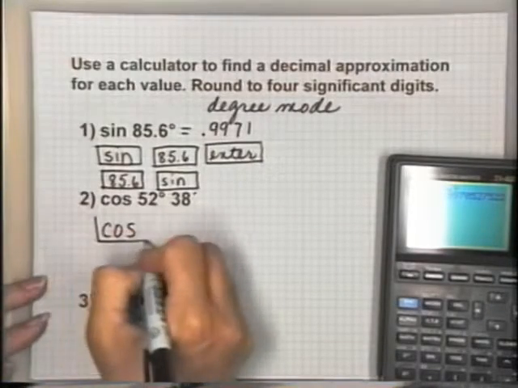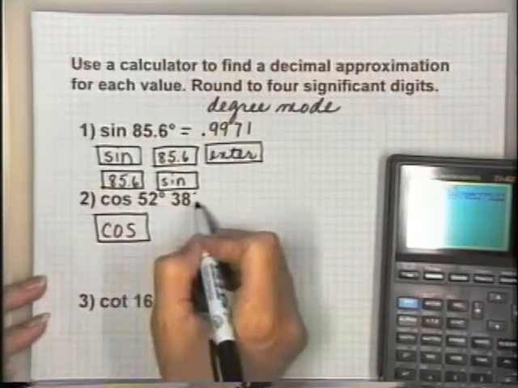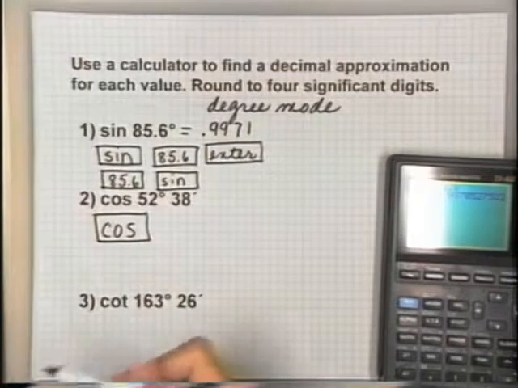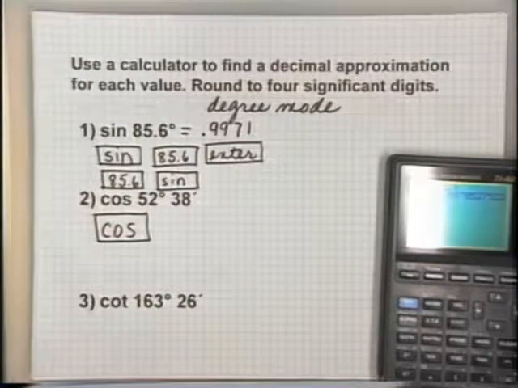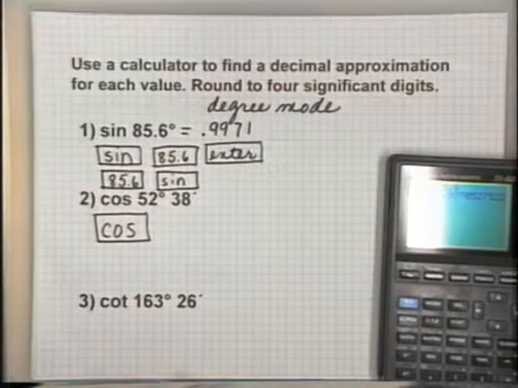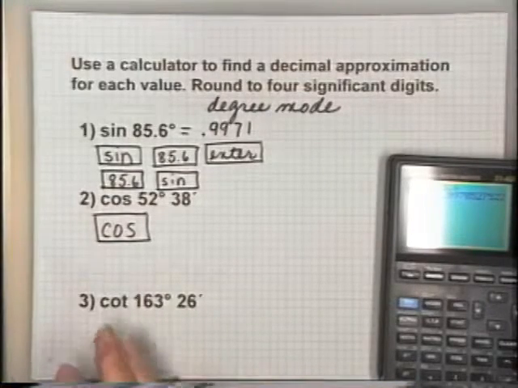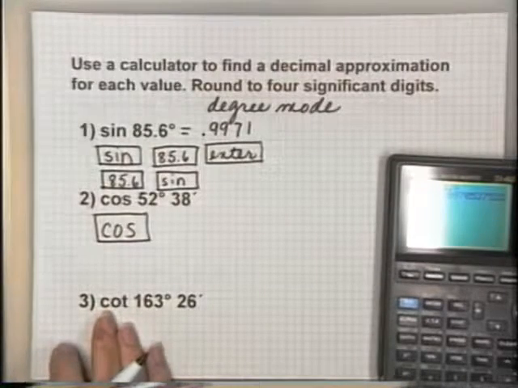We'll push our cosine button, and most of these calculators have a shortcut way to change degrees and minutes to decimal degrees. However, they all work differently. So rather than specialize on the calculator, I'm going to teach a way that you should be able to do on any graphing calculator.